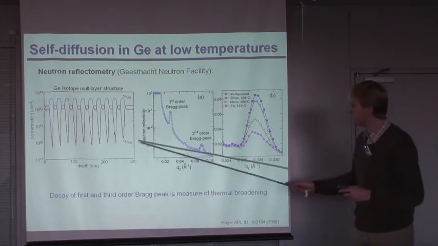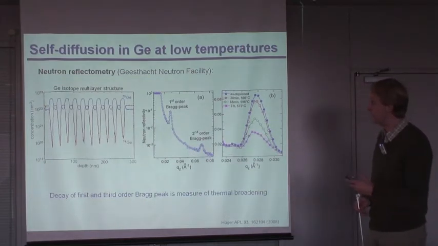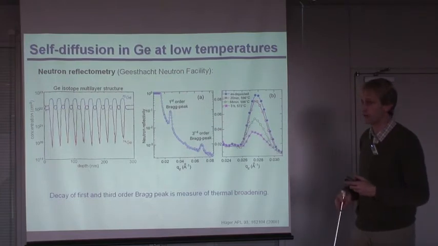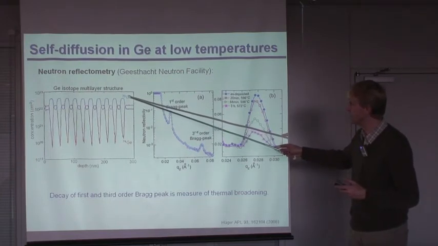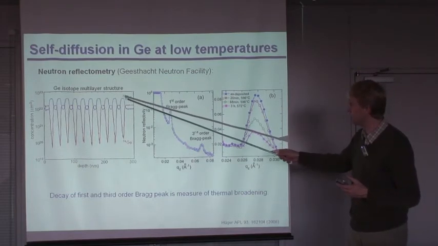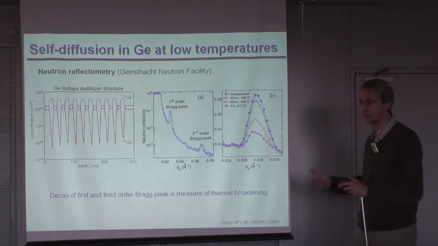So we also use such kind of isotope structure. And the reason is, like in the case of Raman, that the neutron scattering length is different for different isotopes. So maybe in the case of germanium-70, the neutron scattering length is higher than in the case of natural germanium.